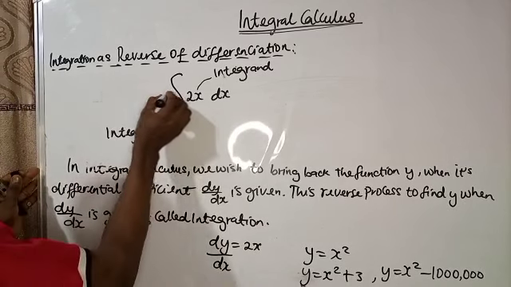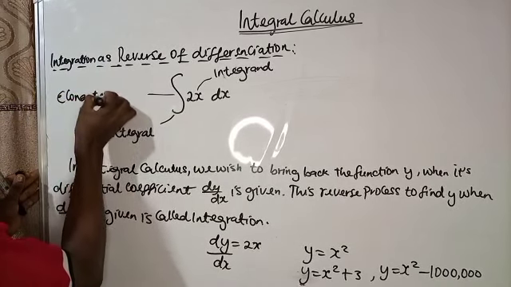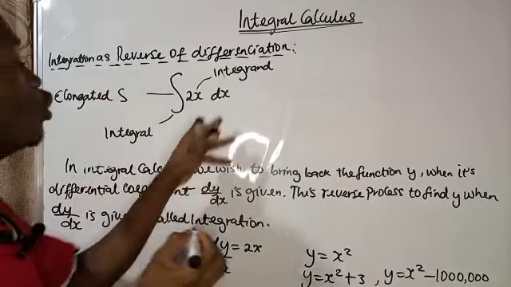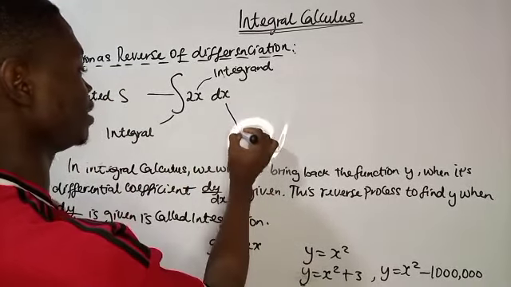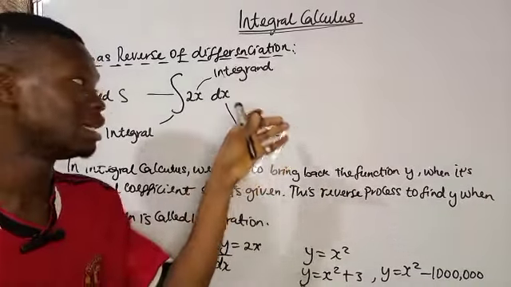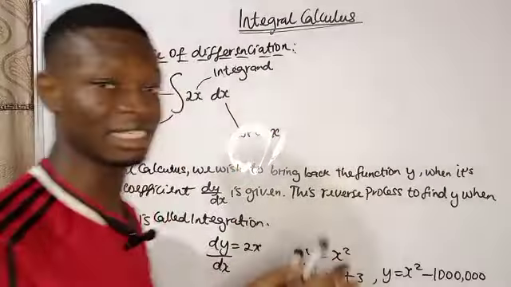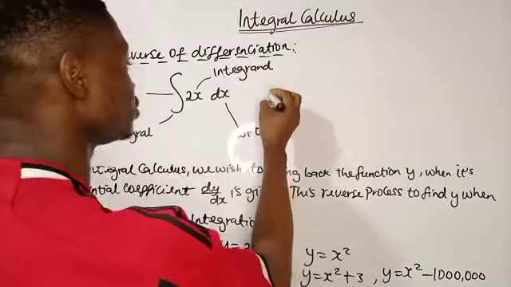This sign is an elongated S. This one is with respect to x. Anytime you see the dx attached beside an integral, it means with respect to x.